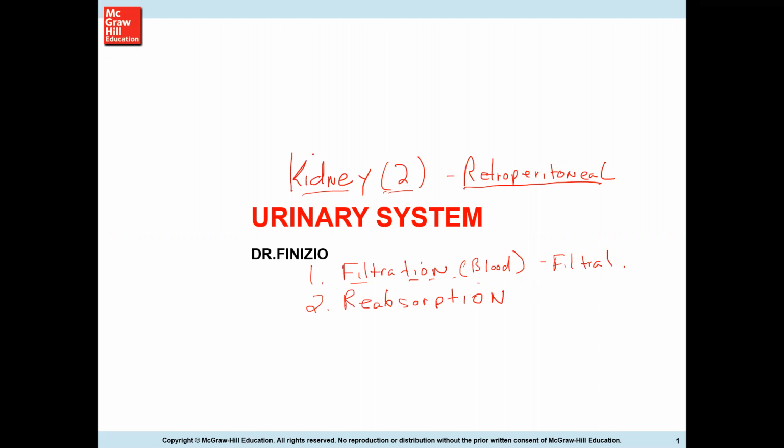Some of the filtrate, most of the filtrate, is going to be reabsorbed back to blood. That's an important concept, because there's no better place than the kidney, showing you the different fluid compartments between the cells, the lumens of the tubules, the extracellular fluid, and the blood. And I'll show you that.